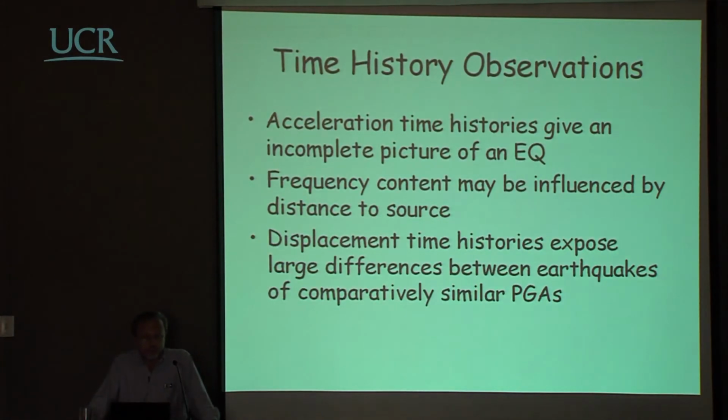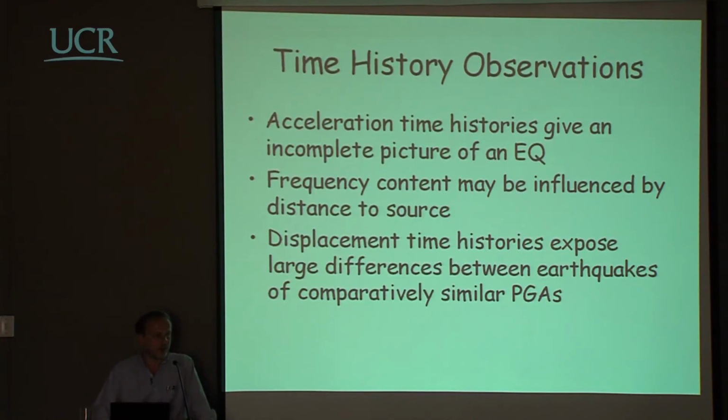Well, certainly, we know very well that acceleration time histories give an incomplete picture of an earthquake, and particularly that frequency content may be influenced by distance to the source. If you want to talk about the distance from the epicenter, or the distance from the fault, or some equivalent distance, many seismologists are working on that.